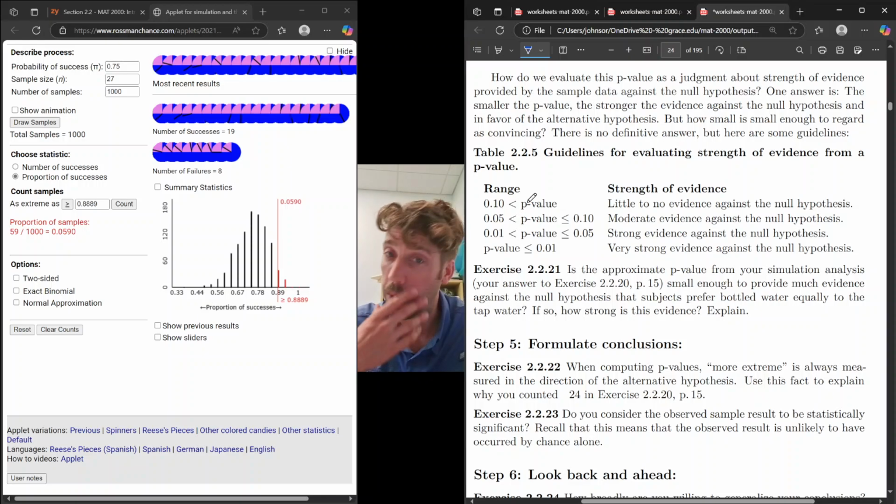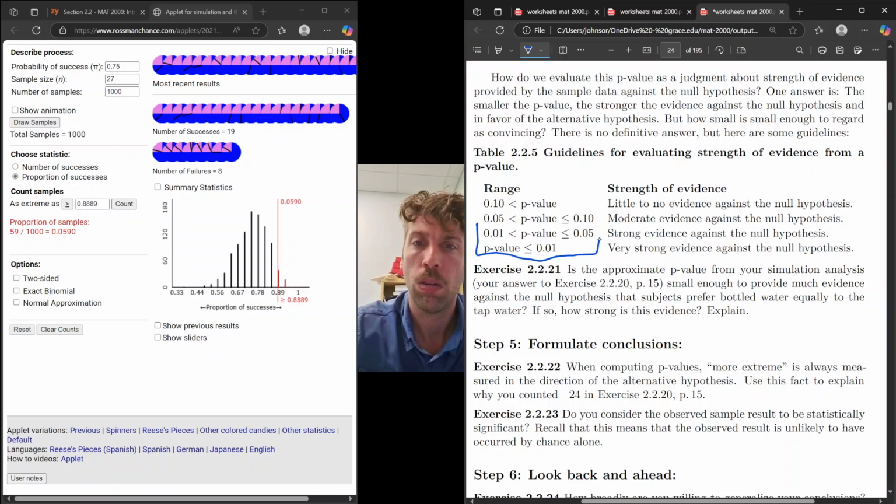And then if the p-value is less than 0.01, so less than a 1 in 100 scenario, then you have very strong evidence. And so these two right here, it's hard to draw this way. There we go. We'd often call those statistically significant.